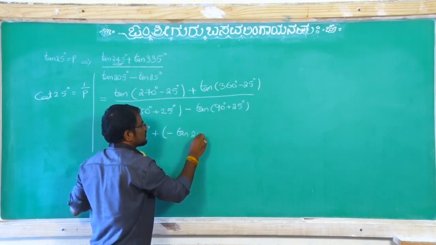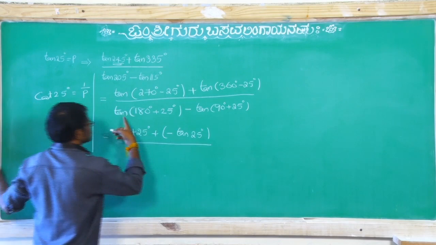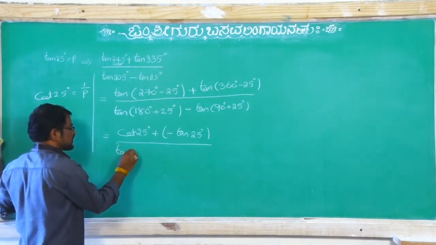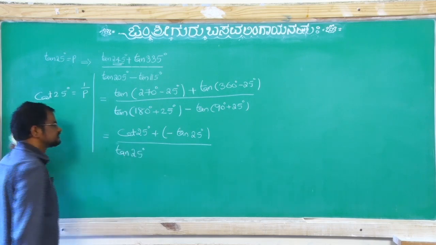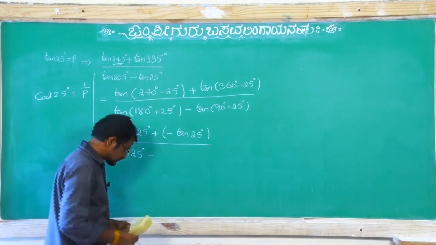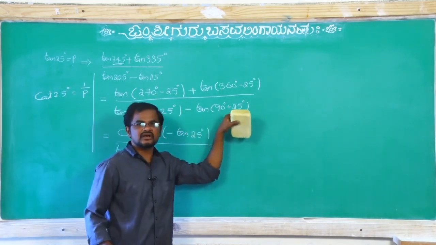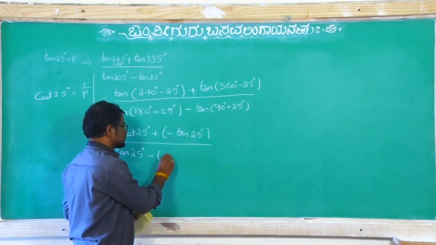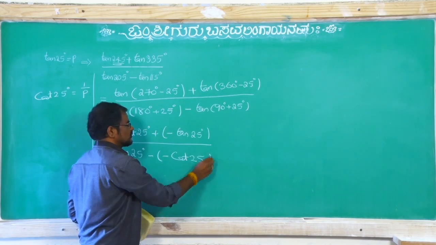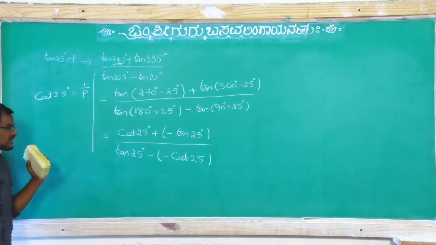So tan 25 degrees, whole divided by tan 180 plus 25: third quadrant, tan positive; at 180, tan does not change. Next, minus tan 90 plus 25: second quadrant, tan negative; at 90, tan changes to cot 25. Now substitute the tan 25 and cot 25 values and simplify, you will get the answer.